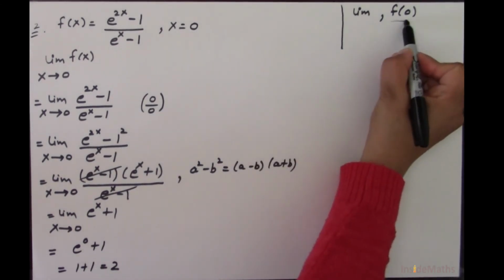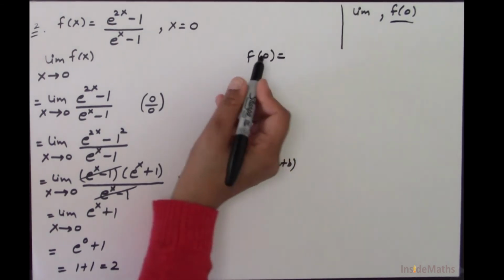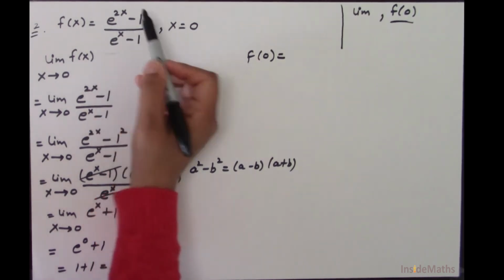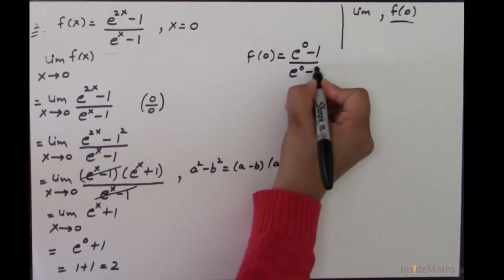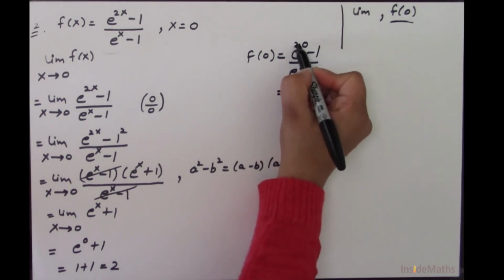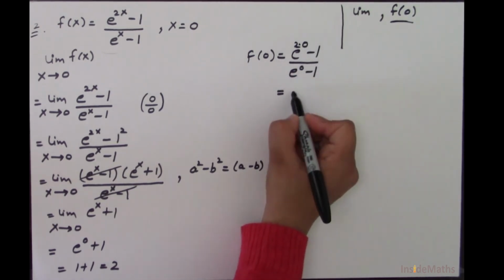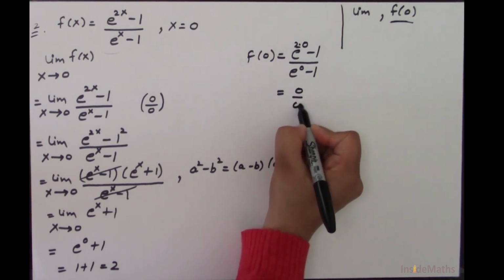Now I have to check f of 0. So f of 0, that means I have to put 0 in place of x in this function. So e raised to power 2 into 0, which will be 0 only, minus 1, over e raised to power 0 minus 1. Again, this is 0 over 0.